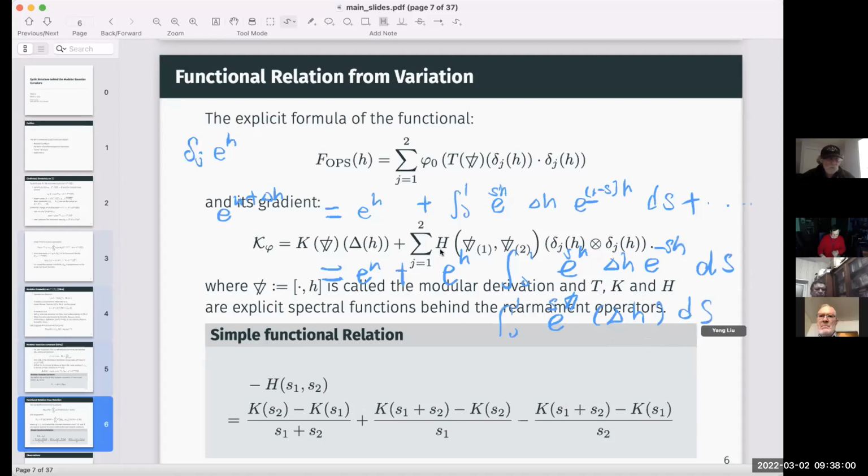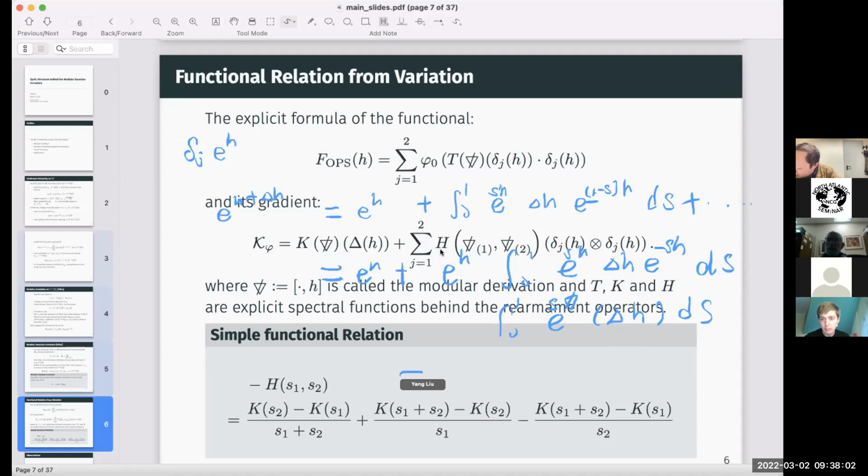Because this does not depend on s, you can move it out. I will write it as the integral from 0 to 1 of e to the s of nabla ds, applied on this delta of h. Then this is exact.